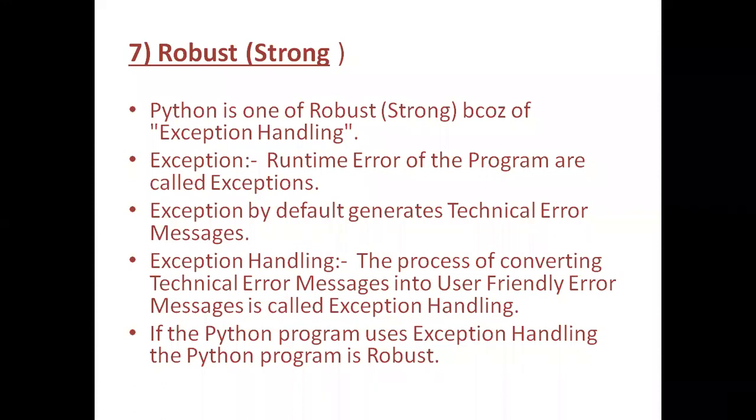Whatever we type, we get it in user-friendly language. If there is an error, you don't understand it; the programmers will come and correct the error, and then it is converted into user-friendly error messages, which are understandable by end users. So a Python program uses exception handling. That is why it is a robust language.